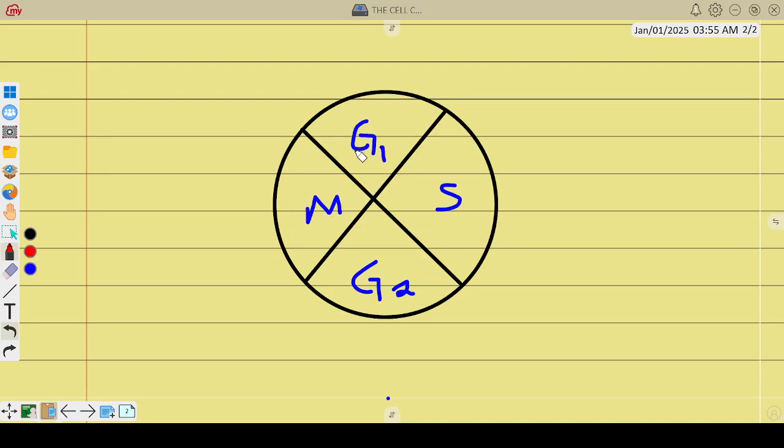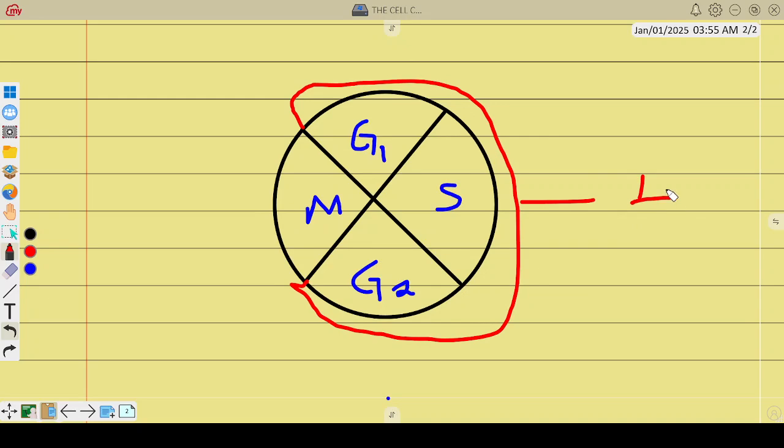One thing you should always remember is this whole part from G1, S, all the way up to G2, this is interphase. And the remaining part, M, is the mitotic phase.